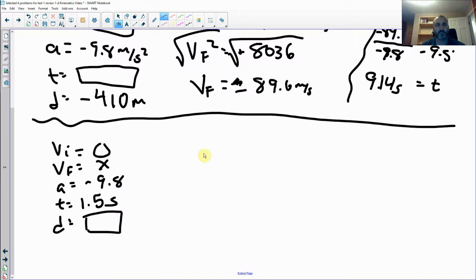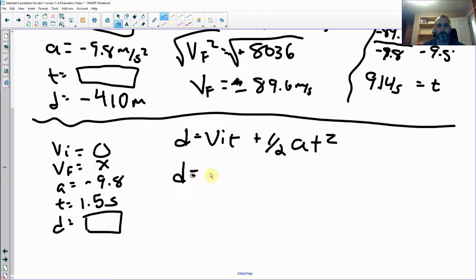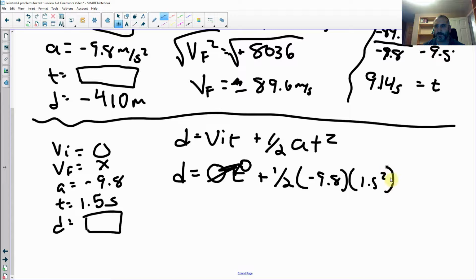VI, A, T, and D. I would say D equals VI T plus 1/2 AT squared. It's going to be your best bet. D equals 0 times T. And I don't care that the T is 1.5 because 0 times it is going to still be 0. Plus 1/2 times negative 9.8 times 1.5 squared.